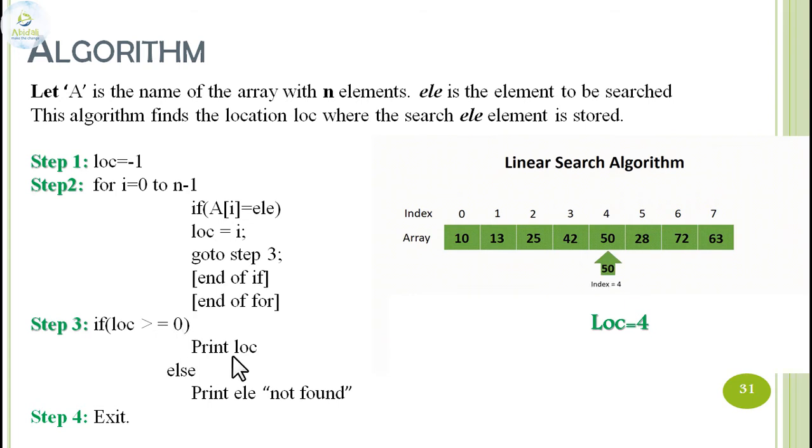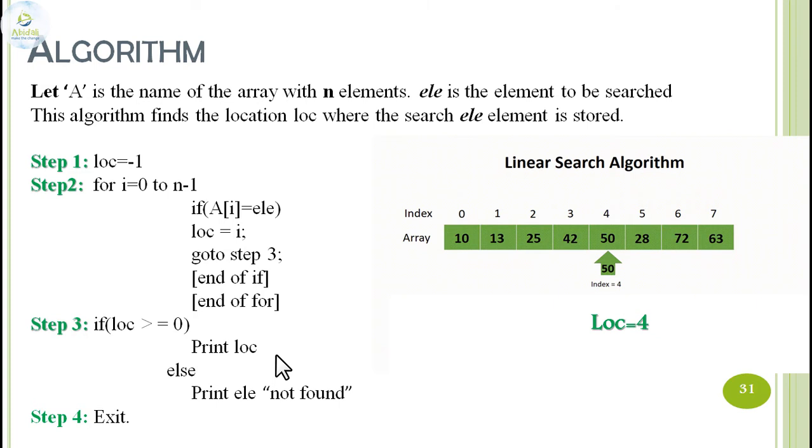Then I will print search is successful, and the location value is printed. Otherwise, if the search is unsuccessful, the location value remains minus 1, and then it will be unsuccessful. Now, because the search element is found at position 4, 4 is greater than 0, true. So we will print the value 4. Then the algorithm will stop.